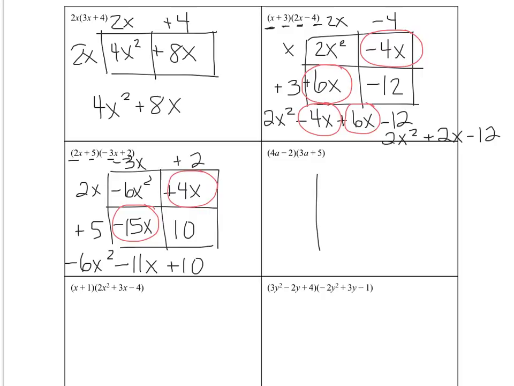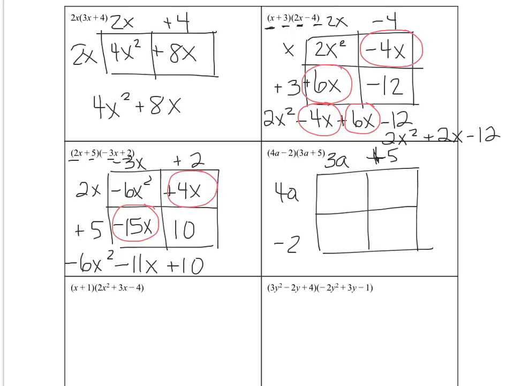The next one, same idea. We have two terms for each polynomial. So 4a times 3a, that's 12a squared. 4a times 5, that's 20a.